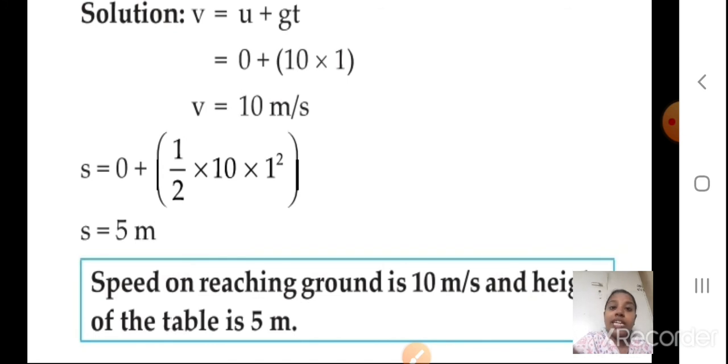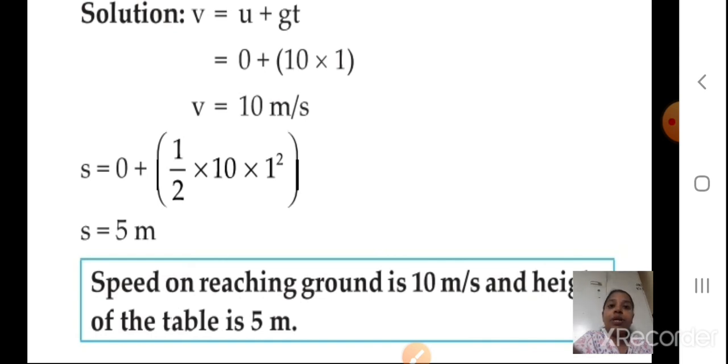But the equation we used today is s is equal to ut plus half gt square. The third equation was v square is equal to u square plus 2as. Instead of that, we have just substituted a by g. So v square is equal to u square plus 2gs.